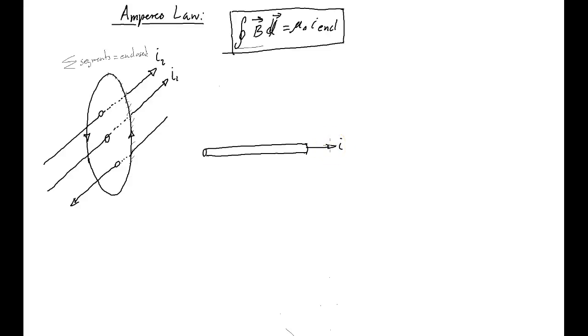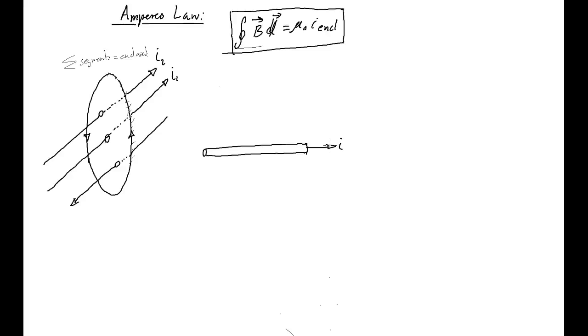To use Ampere's law, you need to choose the right kind of loop. We could use a square around this current carrying wire, a closed loop, and it would still work, but it'd be a nightmare to deal with mathematically.